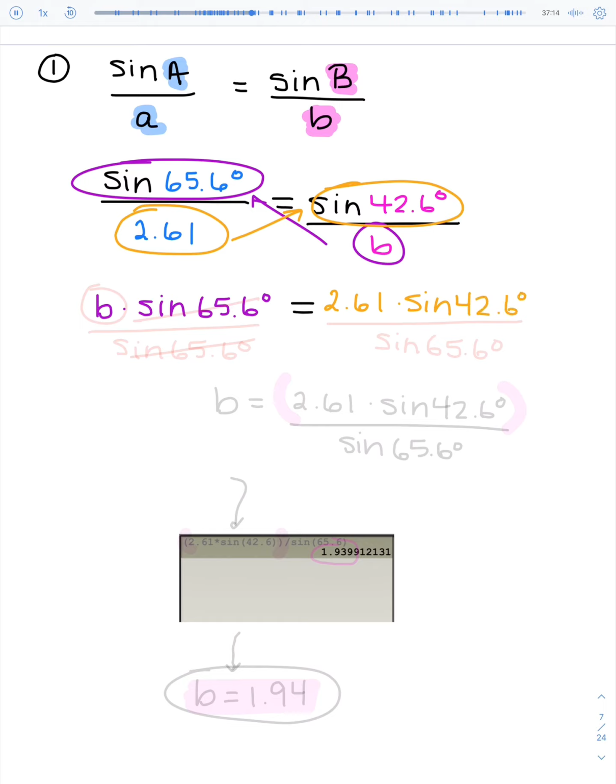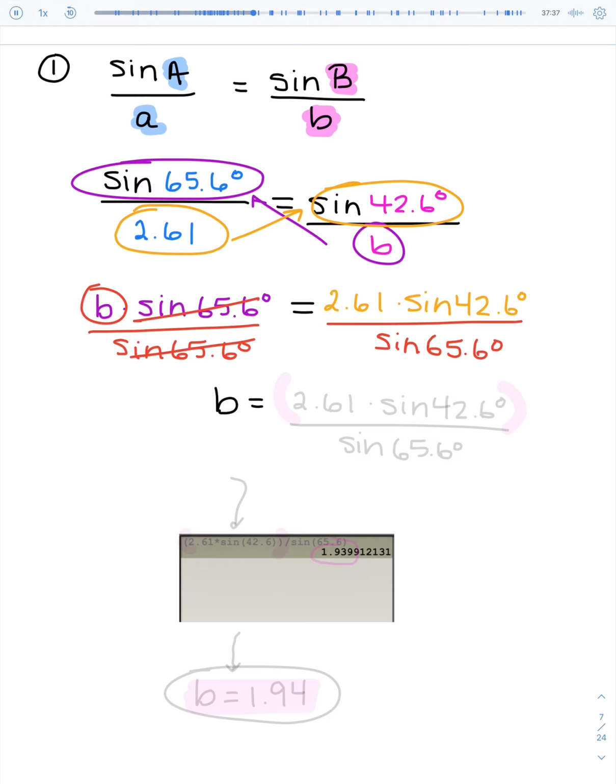And then to solve this, we need to get b by itself, so we need to get rid of the sine of 65.6 I'm multiplying by. So I will divide both sides by this sine of 65.6 degrees.